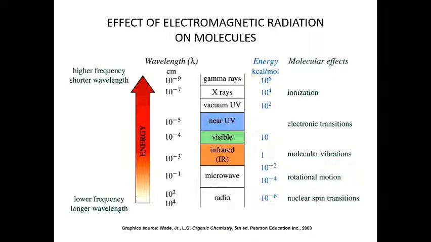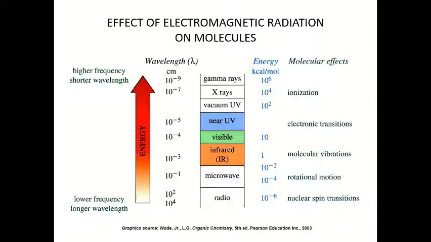As you can see in this diagram, when you move from a lower frequency to a higher frequency, the wavelength is inverted, right? Here is the wavelength and here is the energy. Since the frequency and the wavelength are inversely proportional, whenever we have a shorter wavelength, we will have a higher frequency and vice versa.